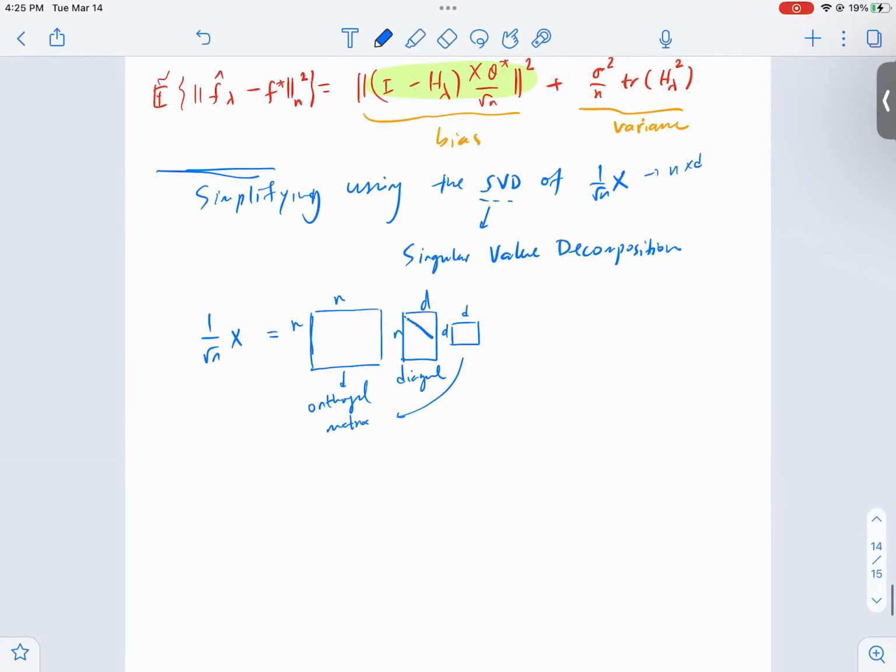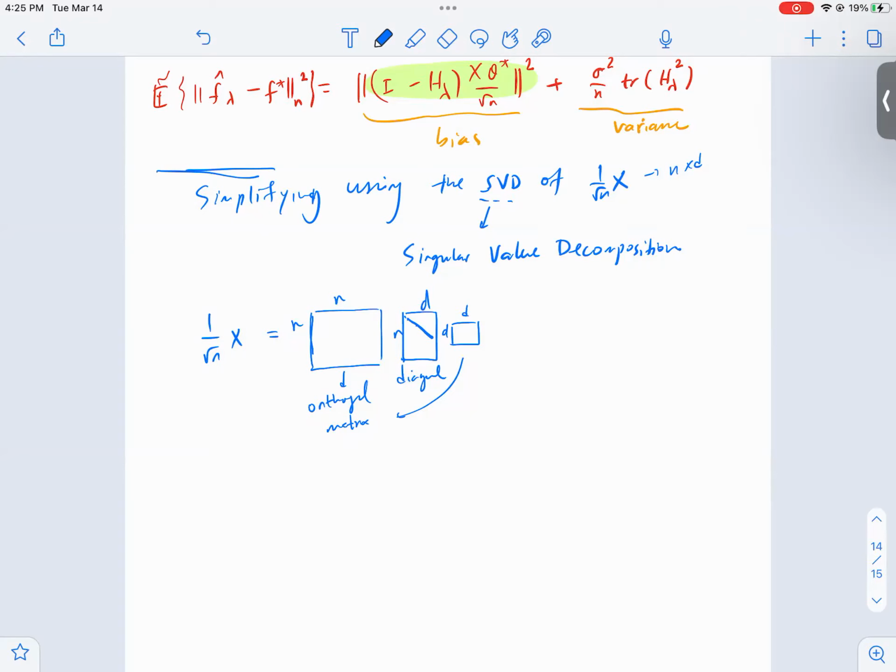Orthogonal matrices: anyone knows what orthogonal matrices are? If this is U, what properties does it have? It would have columns that are normalized. Each column would have norm 1, and the inner product of different columns would be 0. The columns would be orthogonal to each other.